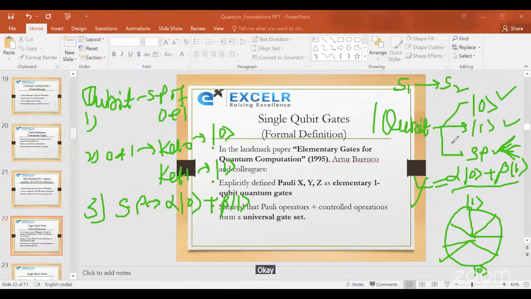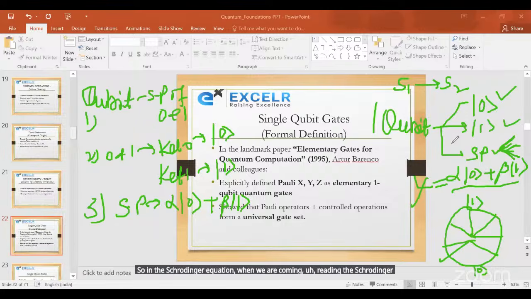Okay. So why do we want to transform from system 1 to system 2? This is coming from the Schrodinger equation.